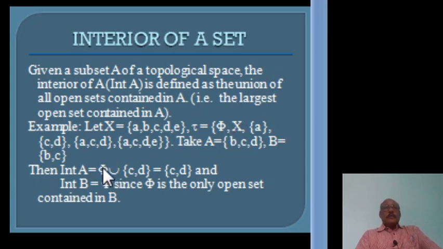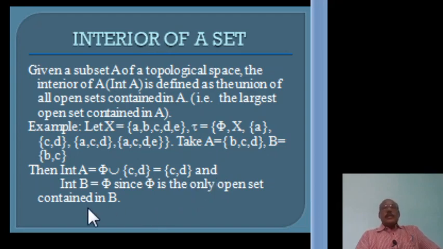Then X is open but is not contained in A. {A} is an open set but is not contained in this set A. {C, D} is an open set and this set is contained in A. {A, C, D}, even though it is an open set, is not contained in A. Similarly, {A, C, D, E} is not contained in A. So there are two open sets, the empty set and {C, D}, which are open and contained in A. Therefore, interior of A is the union of these two open sets, {C, D}. In this way, we find the interior of A.